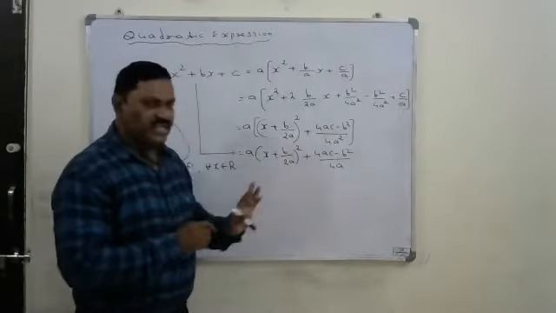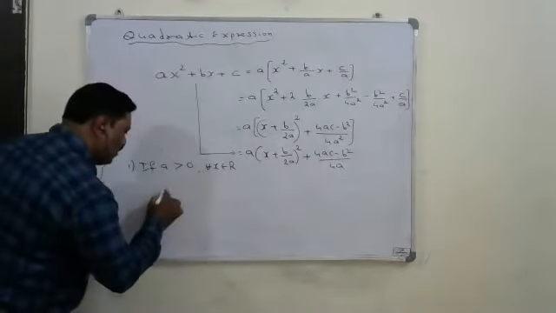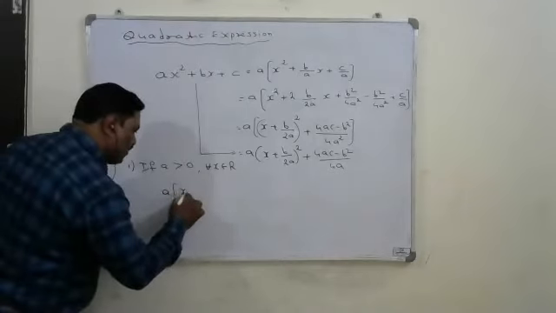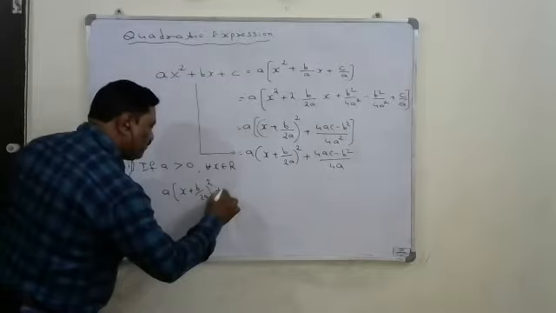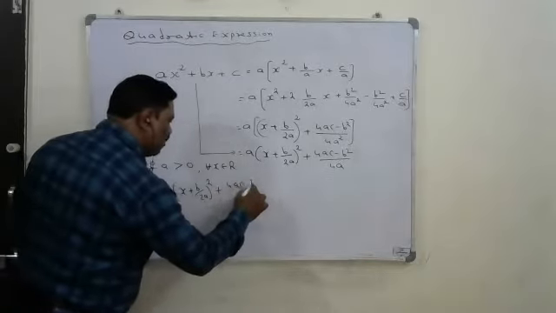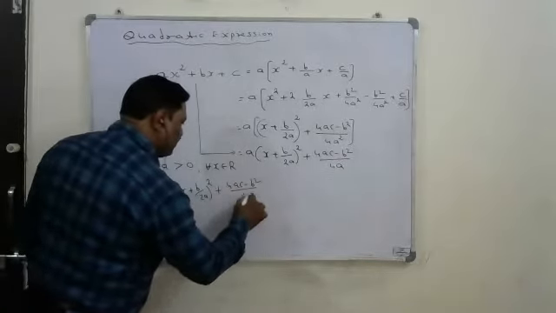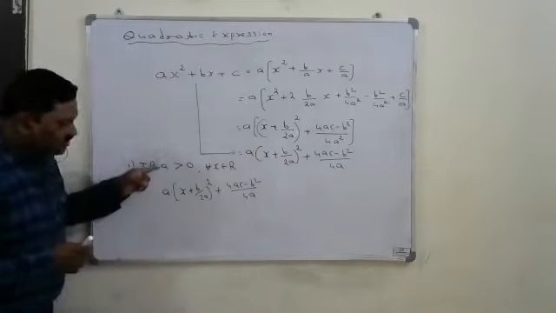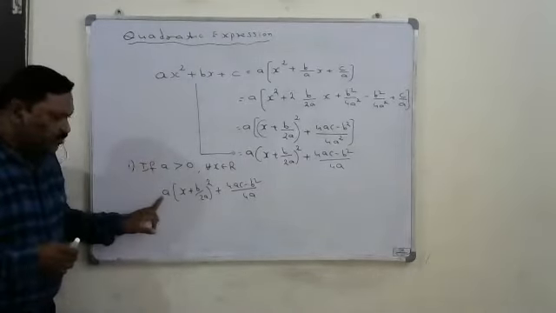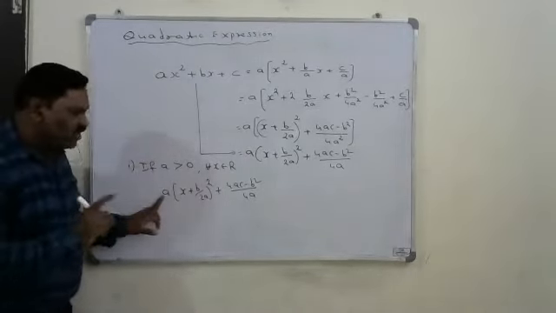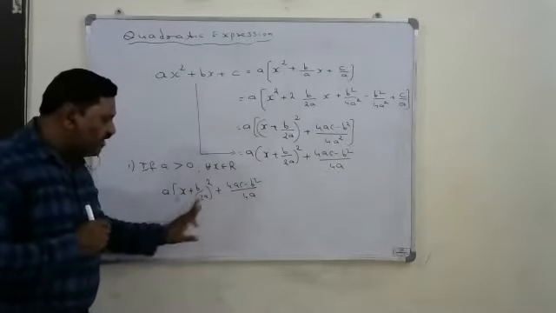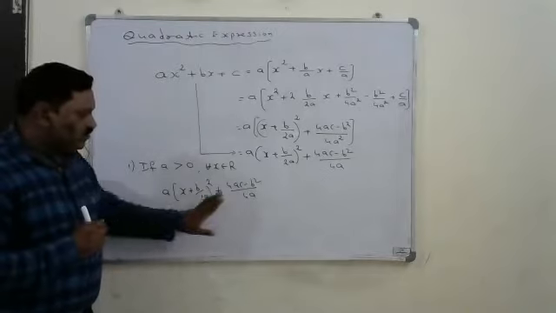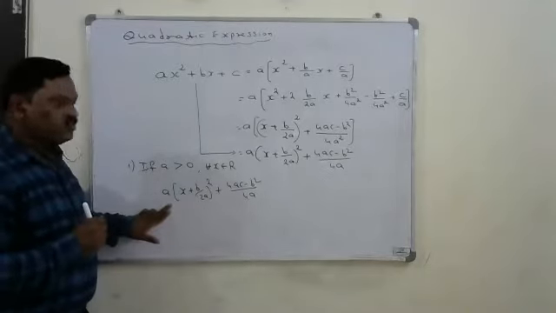Plus something is there. This expression is like that: a into (x plus b by 2a) whole square plus (4ac minus b square) by 4a. When a is positive, this is positive, and for all x belongs to R, this is also positive. For this value, I am adding some positive value.